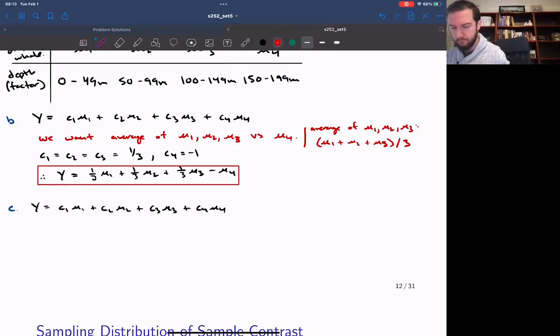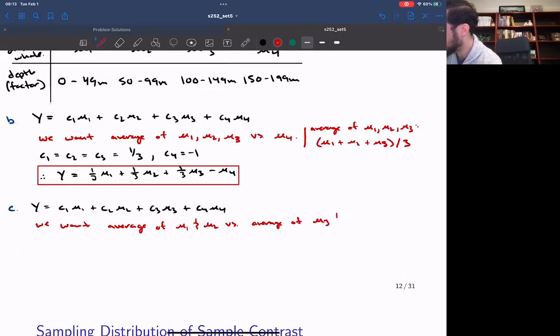Okay. And then we want the average of mu1 and mu2 versus the average of mu3 and mu4.